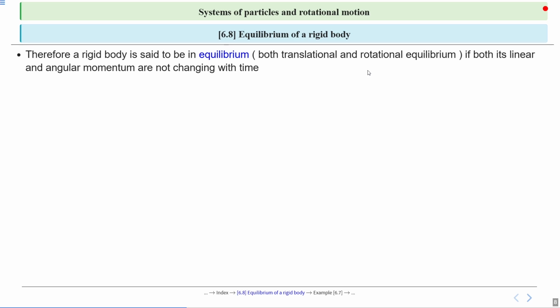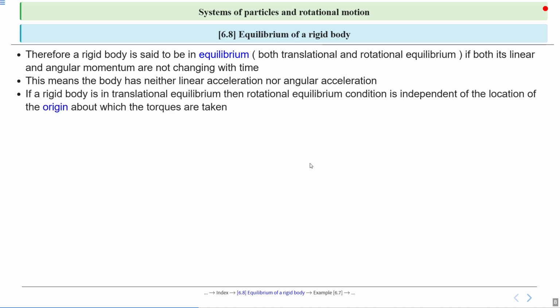In simple terms, the net external force and net torque on the body should be 0. All right. This means the body has neither linear acceleration nor angular acceleration, or we can say the body has constant linear velocity and constant angular velocity. Yes or no?